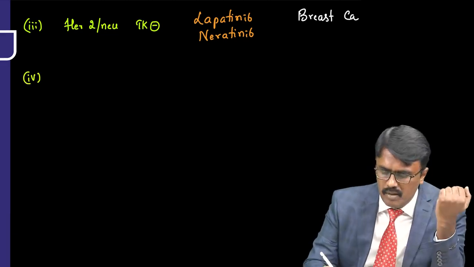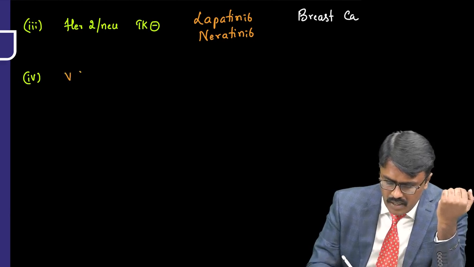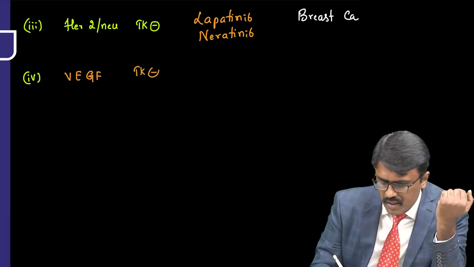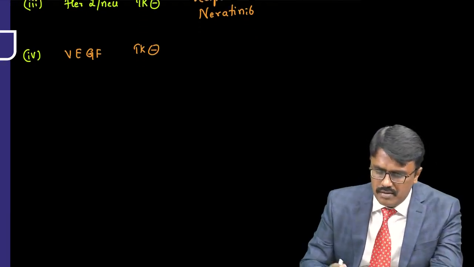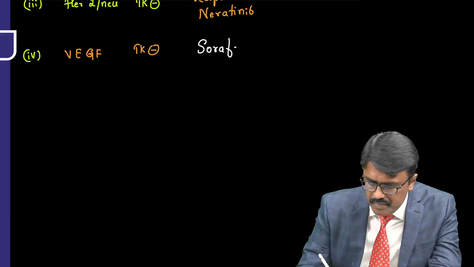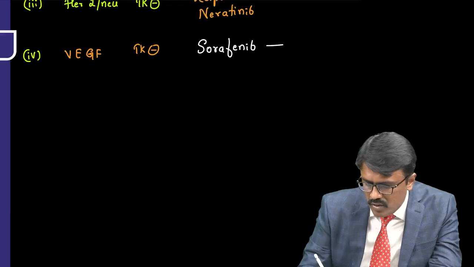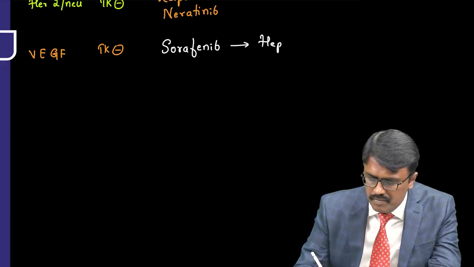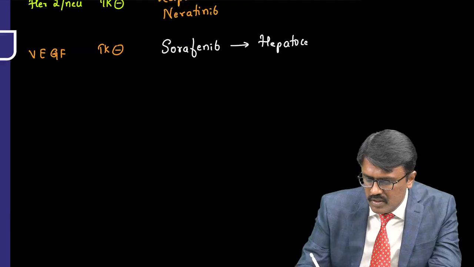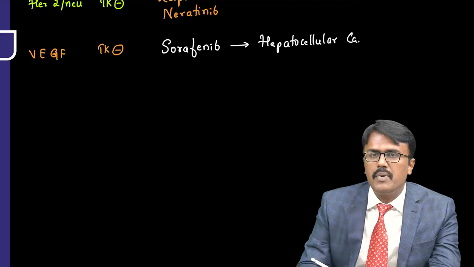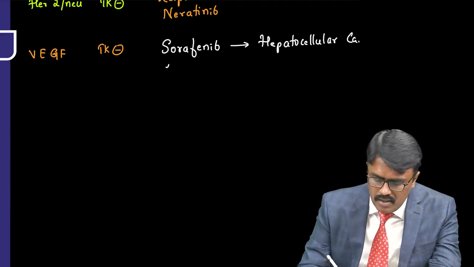Number 4, you can block the vascular endothelial growth factor tyrosine kinase. So the drug which inhibits this is sorafenib. Sorafenib is used in the management of hepatocellular cancer. If you know Sora, you should know Suni.